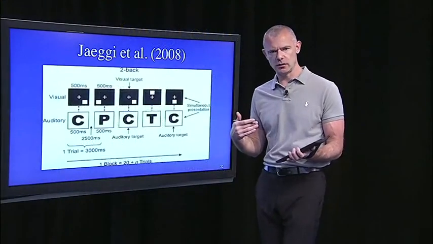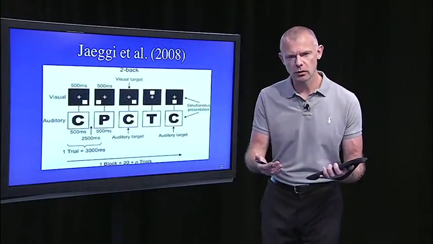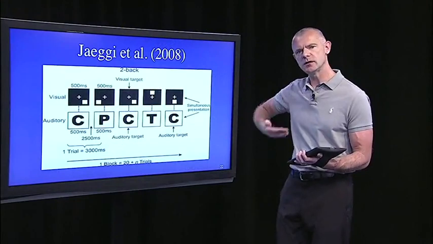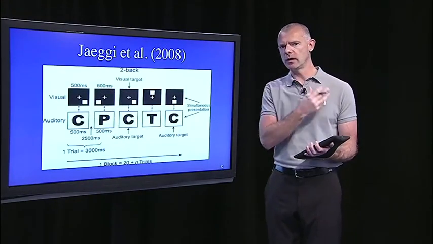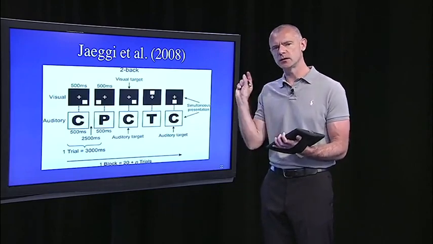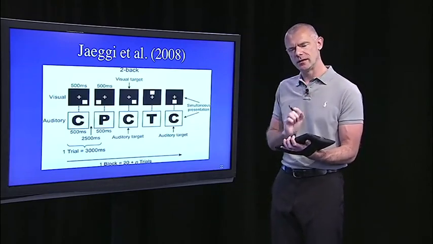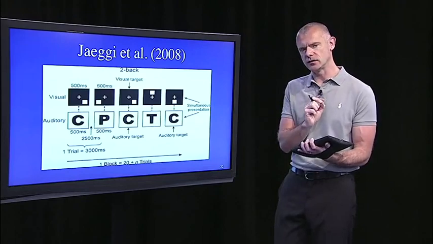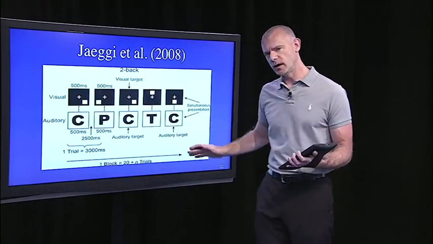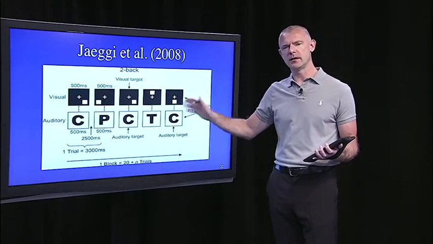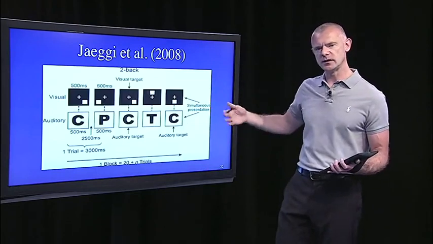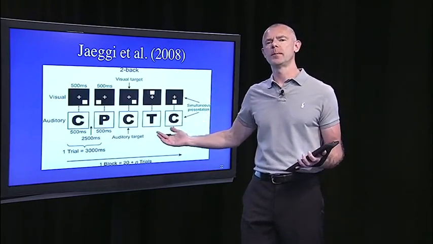This is thought to measure an individual's short-term or working memory because the subjects have to continuously update both visual and auditory information, maintain that information, and make a response when both match the stimuli N-back in the stream. This 2-back task is actually pretty easy. If you tried it, you could probably get about 100% accuracy in just 2-back. And that's what subjects did in the Yaki et al. experiment.